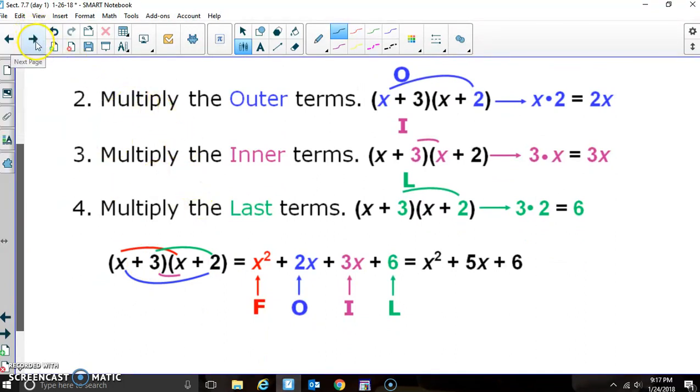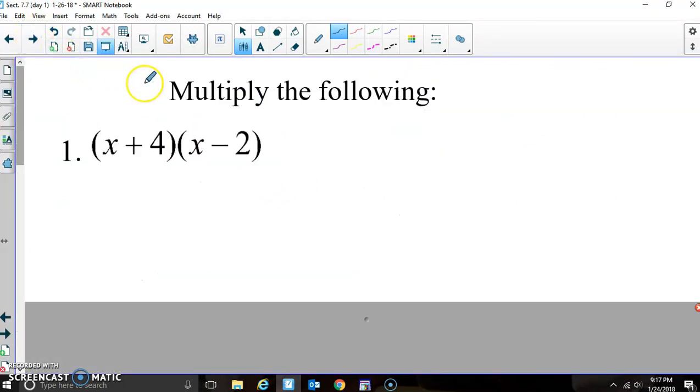Okay, now I think you should be on the back of your paper. Flip that over. Alright, let's use the FOIL method to multiply a binomial times a binomial. So first is x times x, which is going to be x squared. The outer terms, I usually like to do this underneath, would be the 2 on the far edge, so x times 2.